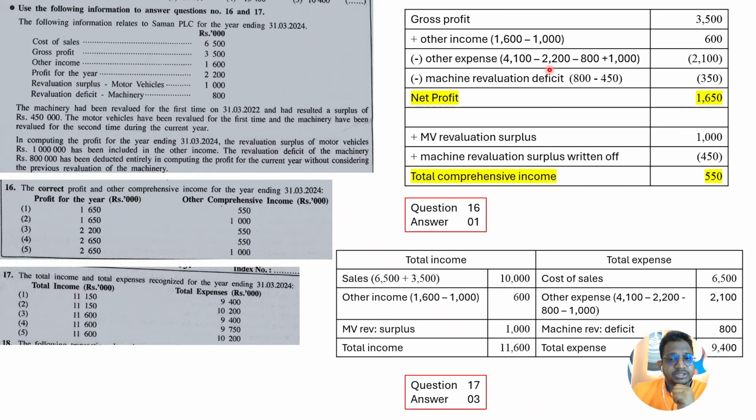So by excluding this 2,200 from the total of the gross profit and other income, you are generally getting the other expenses value. But for that other expenses, there is another adjustment to do. What happened here? In computing the profit, the revaluation deficit of the machine, 800, has been deducted entirely in computing the profit for the current year without considering the previous revaluation of the machinery, right?